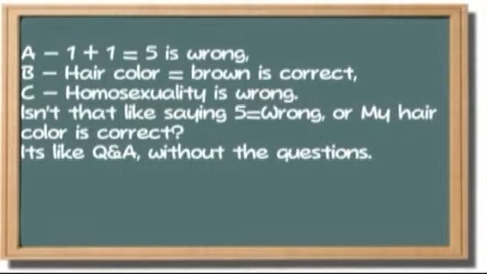If I hear 1 plus 1 equals 5, I can note that the proposed answer is incorrect because I know the question. I know the two numbers, 1 and 1, and I know the operation to be performed is addition. I also know the proposed result is 5, and knowing all this, I can arrive at the conclusion that 1 plus 1 equals 5 is wrong.